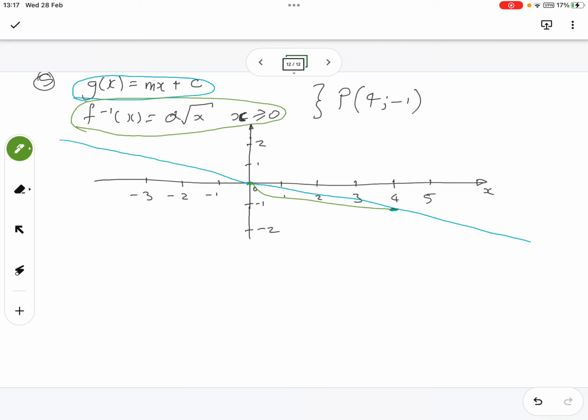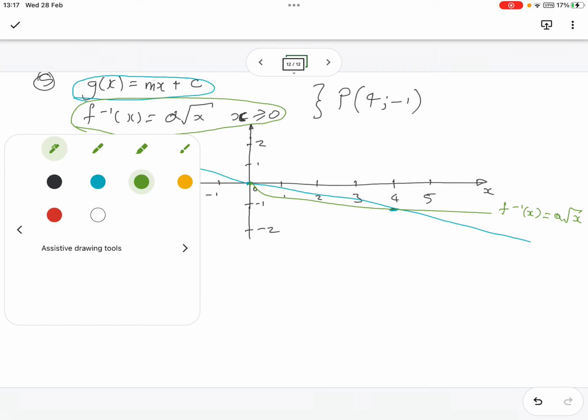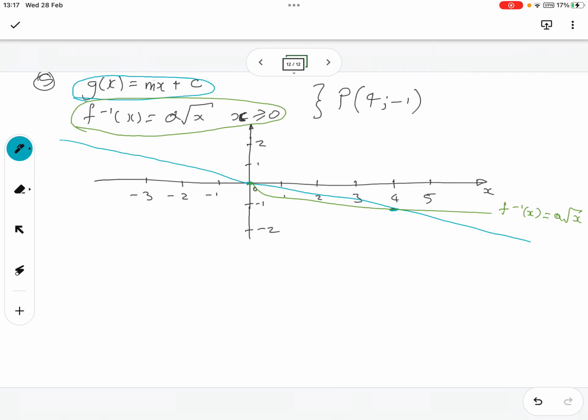So this here is f inverse of x is a root x, and this over here is g of x equals mx plus c.